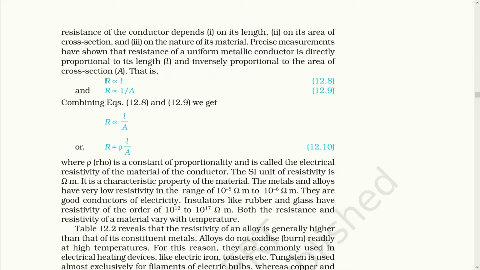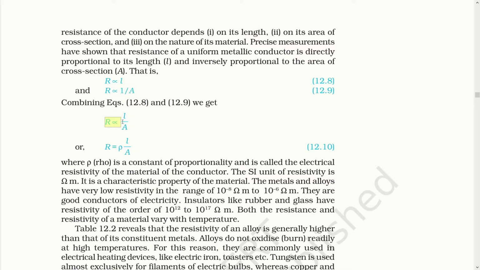That means the resistance is in direct variation with the length of the conductor. If the length is increased, definitely the resistance will increase. But it is inversely proportional to the area of cross section. That means if the diameter of the wire is increased, the resistance will decrease.